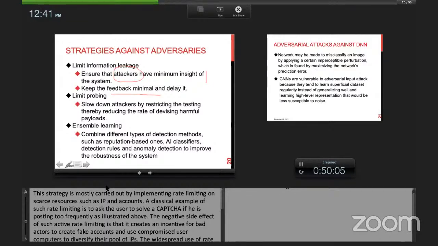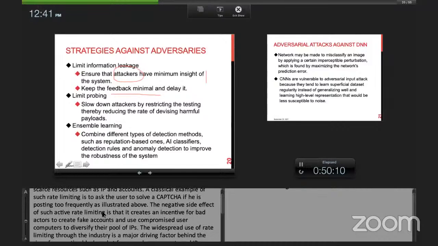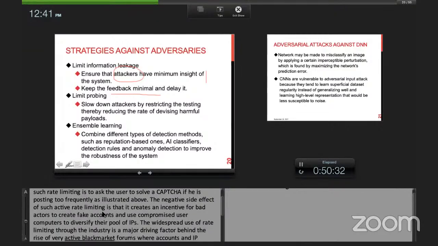It may be such that a particular request is taking a long time, more time than you thought your system would need. Then you can attach something too. But obviously that will slow down your attackers. So slow down your attackers by restricting the testing, thereby reducing the rate of devising harmful payloads.